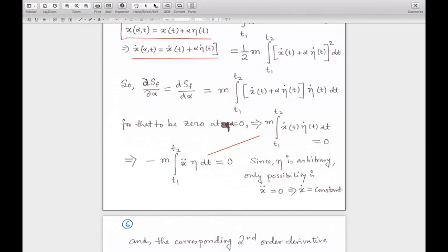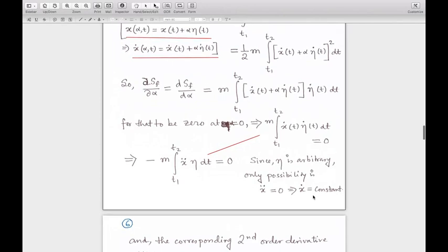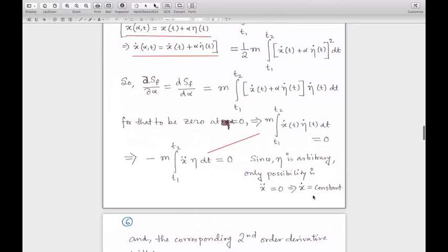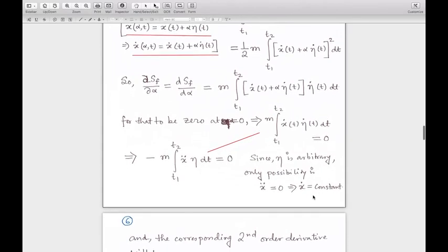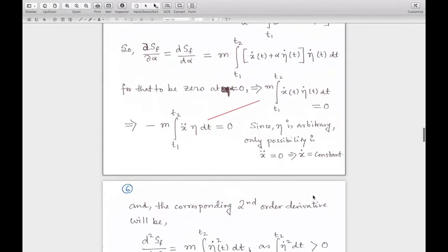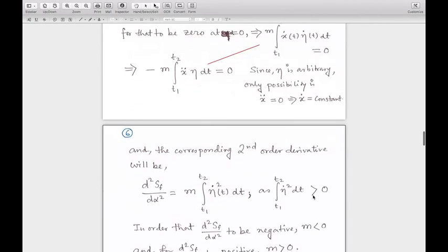So the only possibility that this is identically 0 is x double dot equal to 0, which simply says x dot is a constant. That means on the real trajectory the velocity must be constant. That's completely consistent with what we are doing.